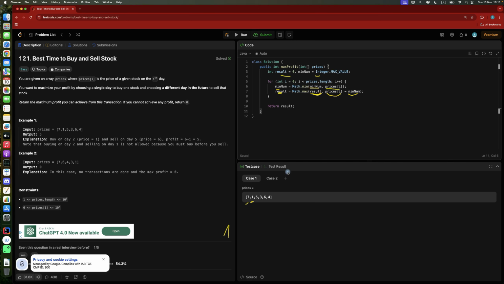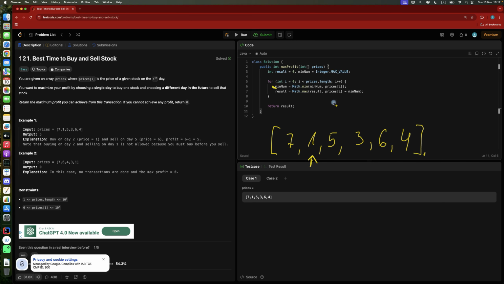So what will happen here? We have this input. Okay, we have this array, right? And in every iteration, we update the minimum number. When we come to the smallest, this will not be updated until the end of this array.